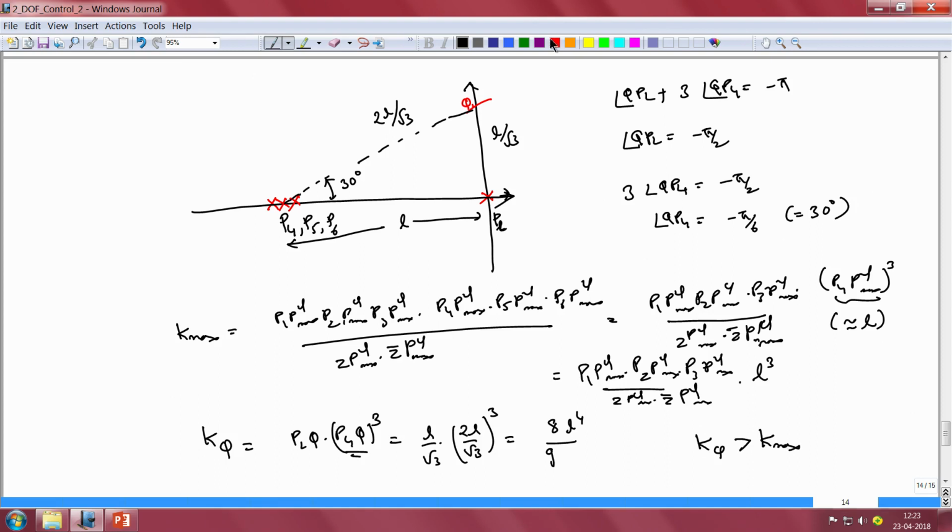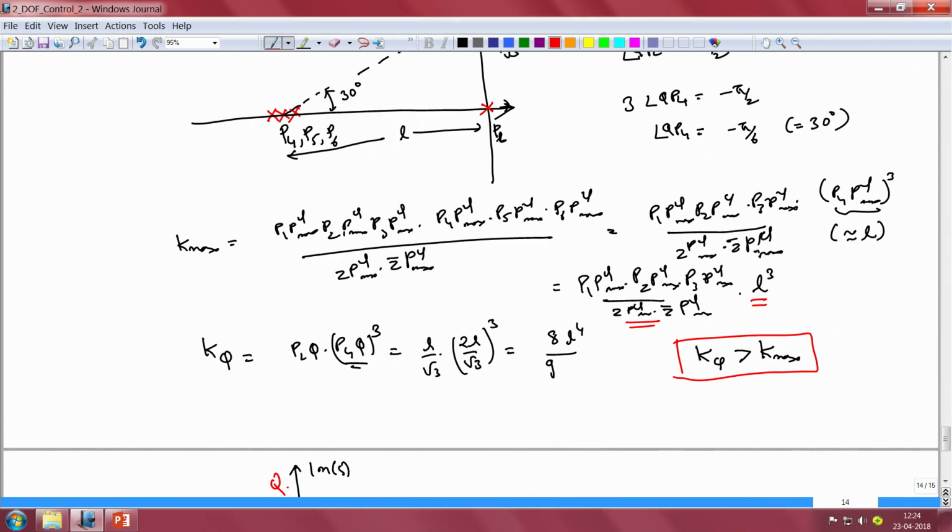The same equation has to be applied, and we note that Kmax has a term L cubed times some constant whose numerical value we already know, and we note that KQ is given by 8 by 9 L power 4.